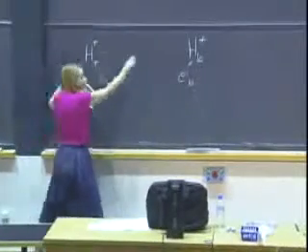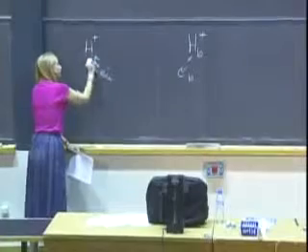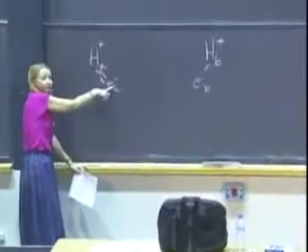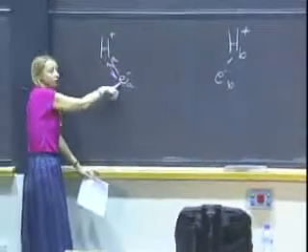In this case, where they're very far apart, the energy of interaction is just the energy of interaction between the electron and the nucleus, the electron-nuclear attraction.